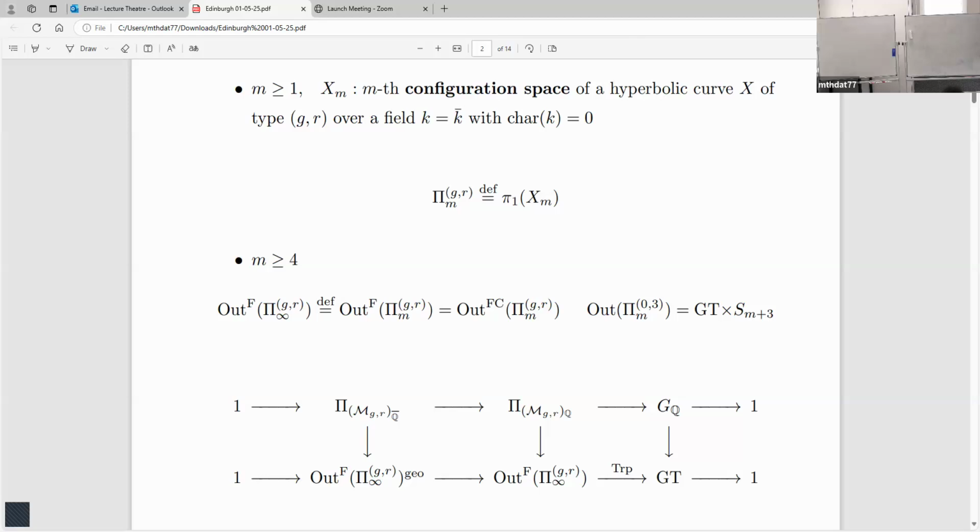So it's essentially equivalent, and it's natural to try to understand the gap between these two exact sequences. Of course, if one is optimistic, one can hope that these two exact sequences are just the same. They just collapse to each other, right? So GT is GQ, and this is this, and this is this.